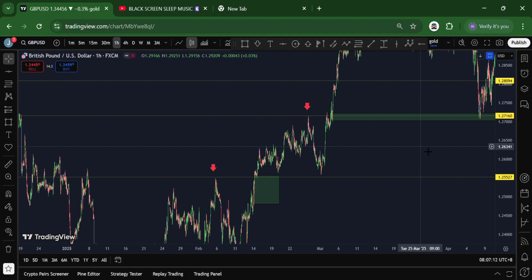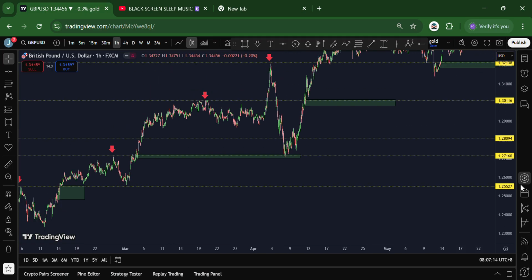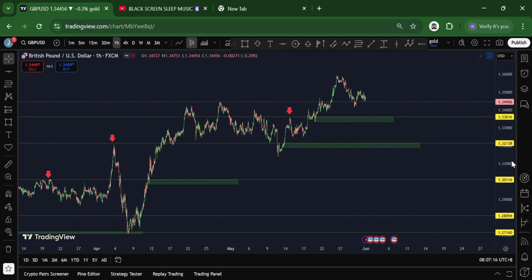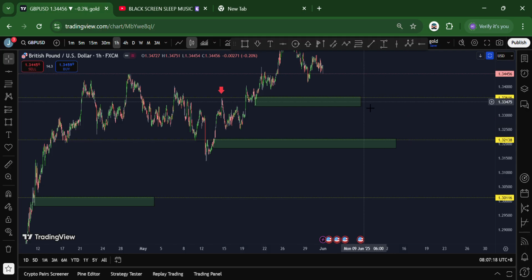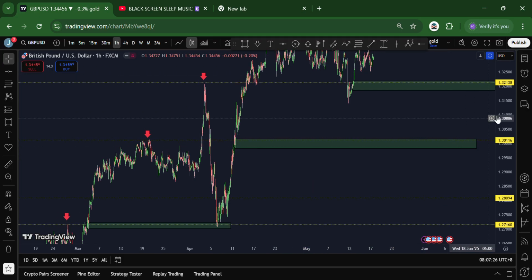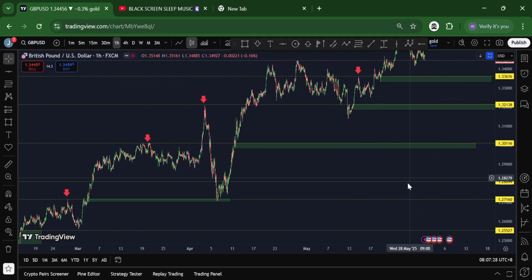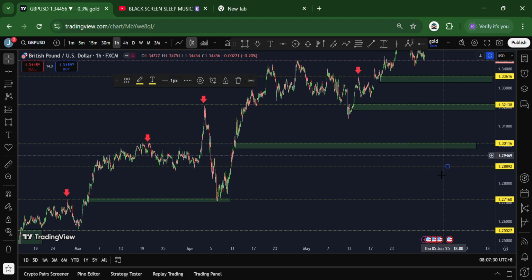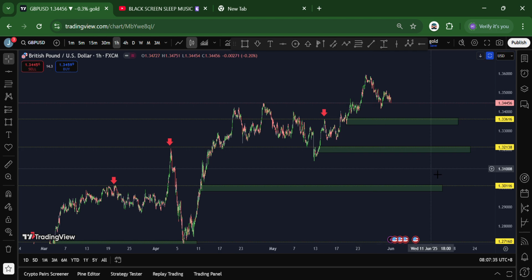Some traders will ask, why demand zone? Because we need our resistance to be aligned with the demand zone.